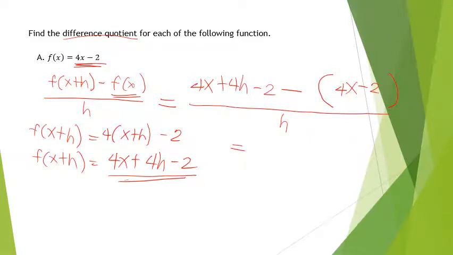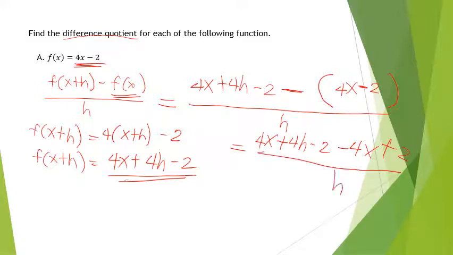Equals, evaluate muna natin yung nasa loob. 4x plus 4h minus 2, negative times 4x ay negative 4x, negative times negative 2 ay positive 2 all over h. Okay, simplify further. Combine like terms. 4x minus 4x, cancel na. 0 na yun.